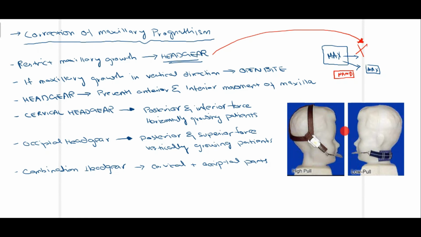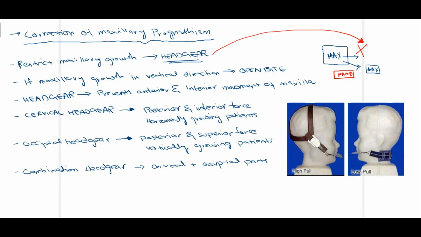When the headgear's strap is present around the neck, that is known as cervical headgear. When the strap is present around the occipital region, that is known as occipital headgear or high-pull headgear. In some cases, both of these strap positions are used, and that is known as combination headgear.